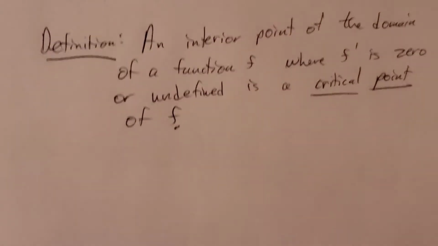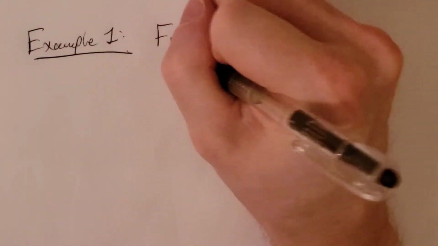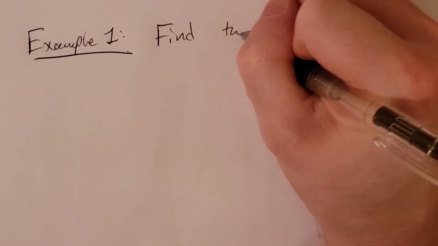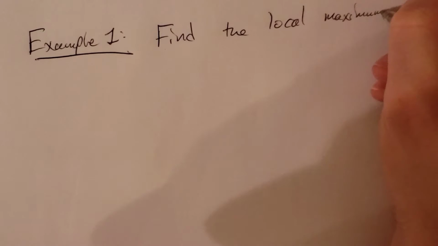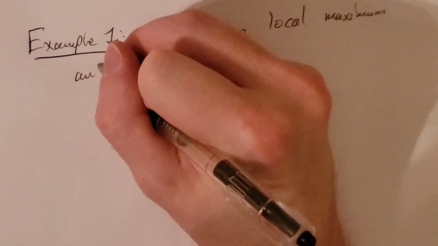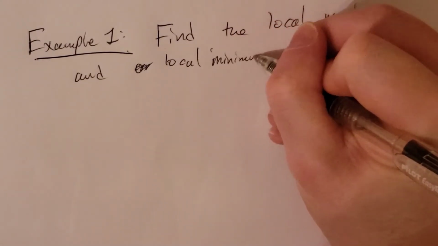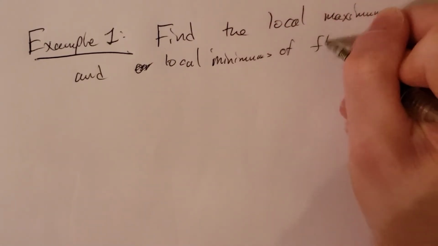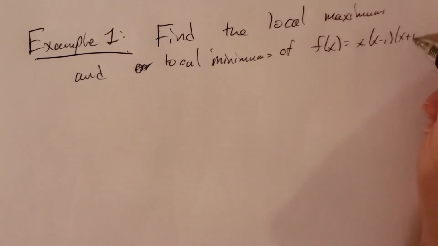So let's go ahead and do an example. Example 1. We want to find the local maximums and local minimums of f of x equal to x times x minus 1 times x plus 1.